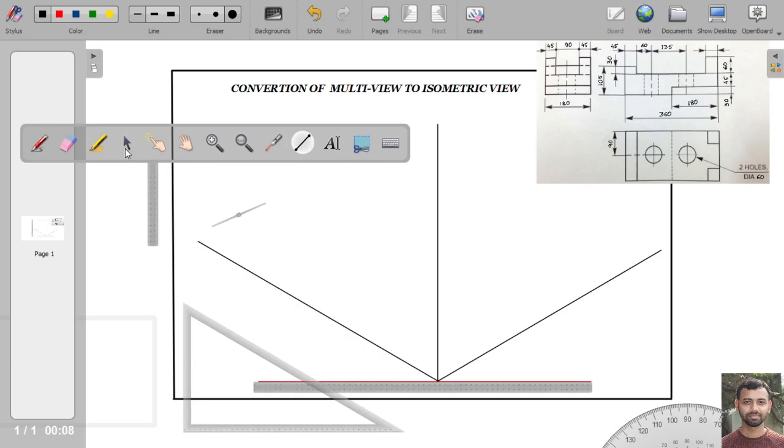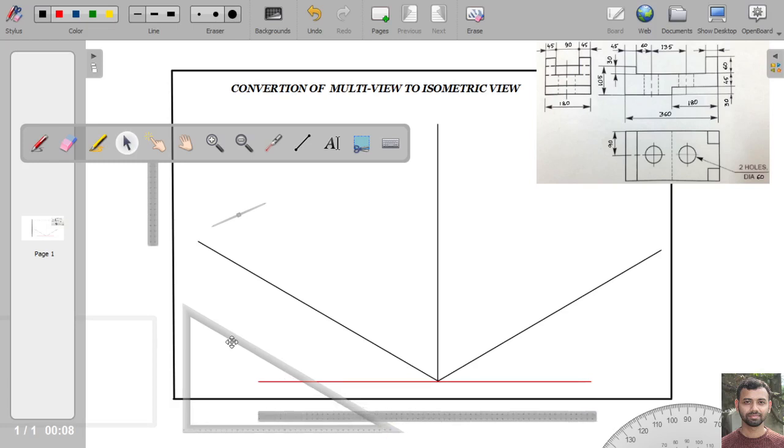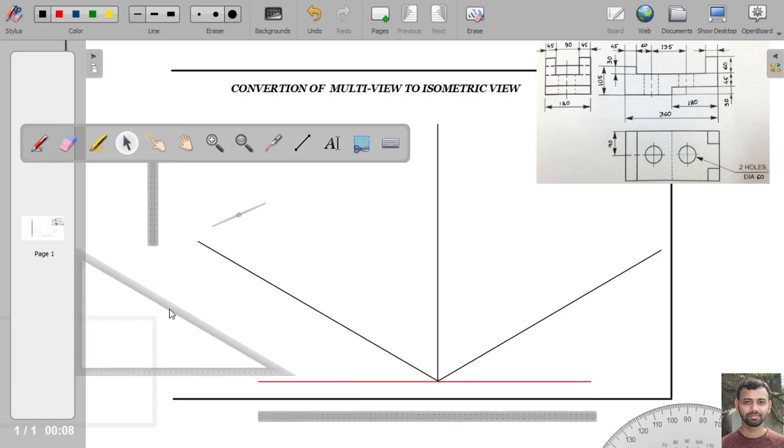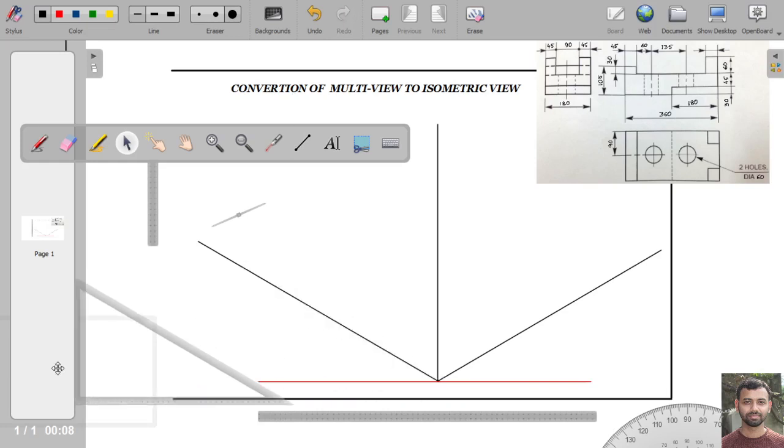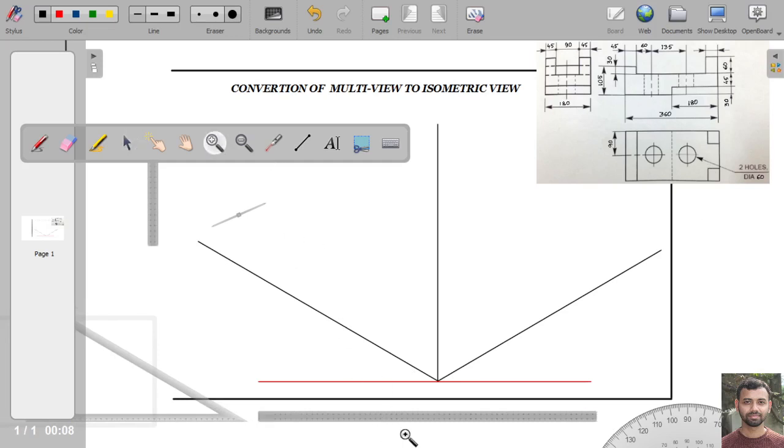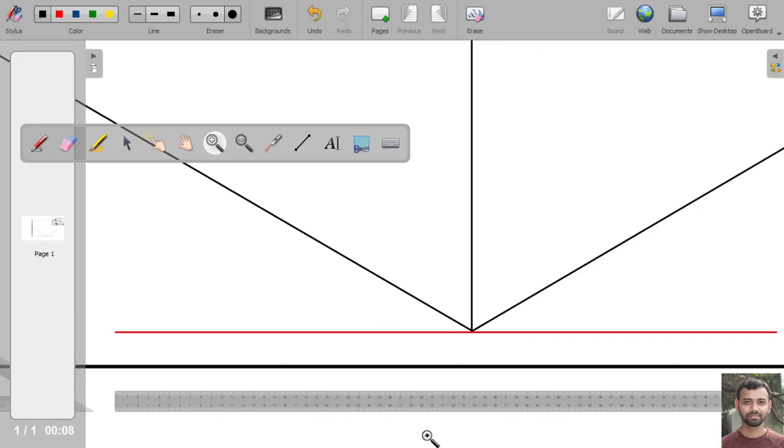Now to put the dimension we can take help of a compass. With the help of a compass we can measure 360 mm on the scale, and then we can mark it on this isometric axis.